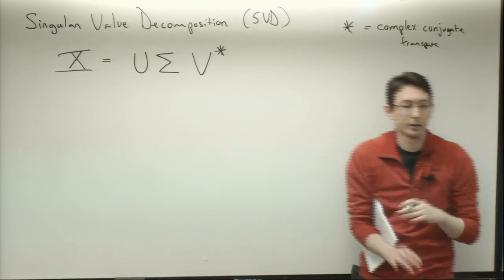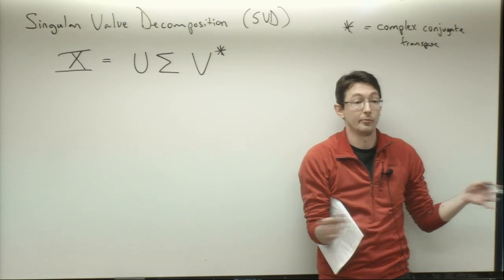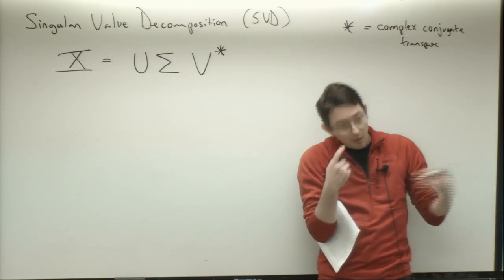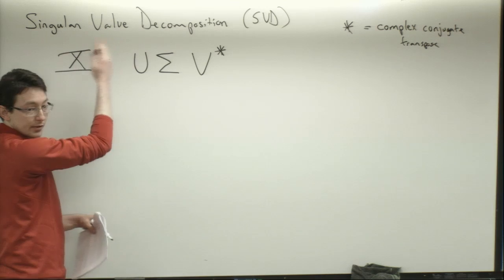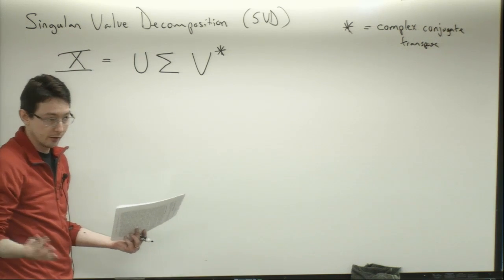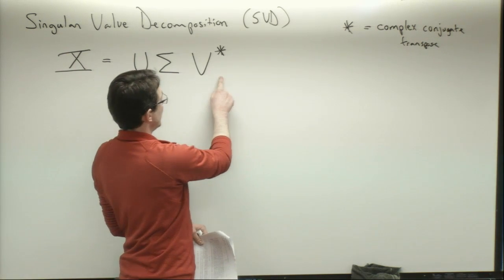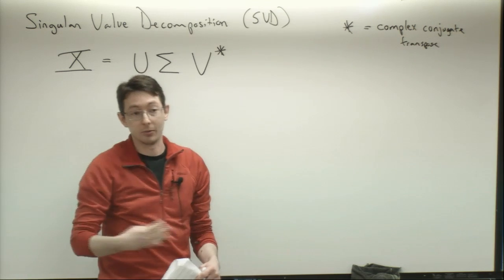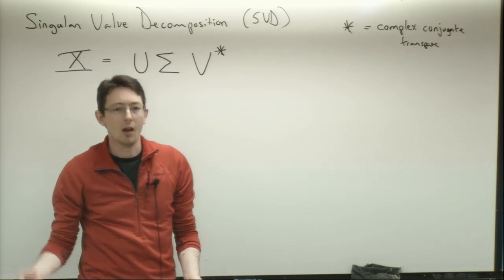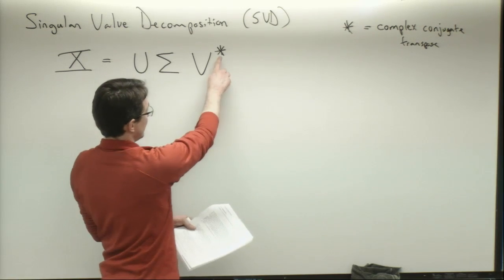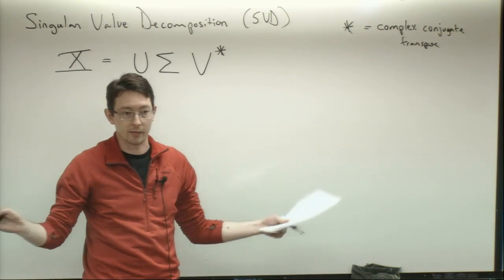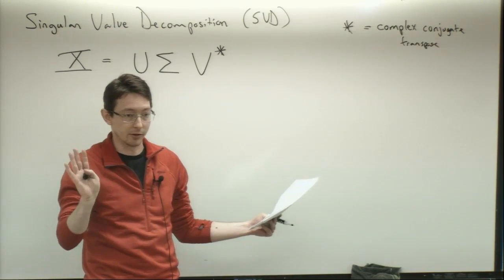Technically, the singular value decomposition exists for complex data matrices X. If the columns of X came from a Schrodinger's equation simulation, then those might be complex valued, in which case V would not just be the transpose, but the complex conjugate transpose. We are only going to deal with real valued data in this class, and so star to all of us should mean transpose. Just matrix transpose, super simple.